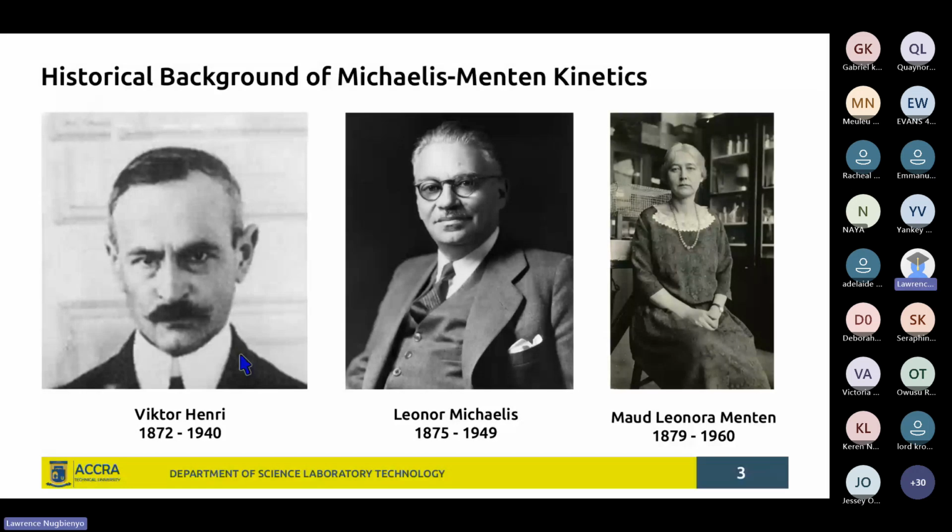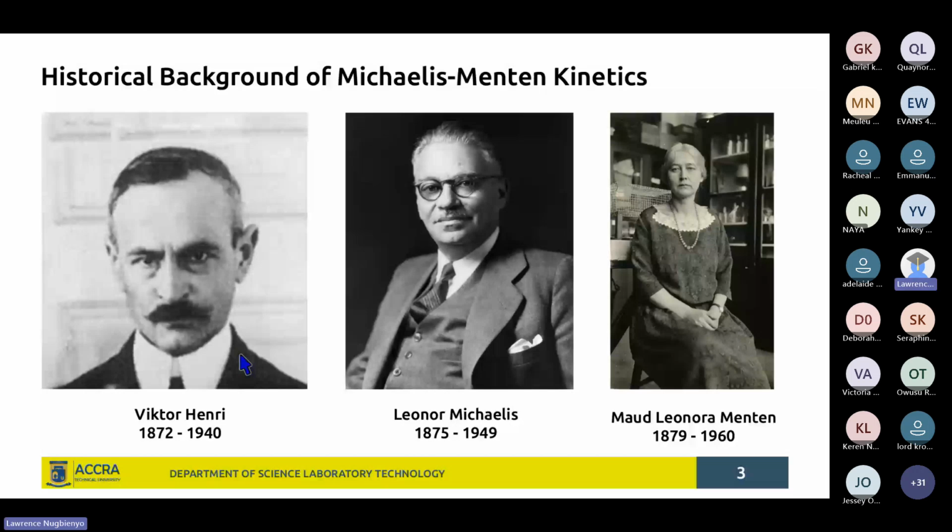enzyme mechanism. Using at the time the enzyme which was used by many of these chemists to study enzyme activity was invertase, sometimes being referred to as saccharase. It's the enzyme which is responsible for breaking down the disaccharide sucrose, the table sugar, into glucose and fructose.